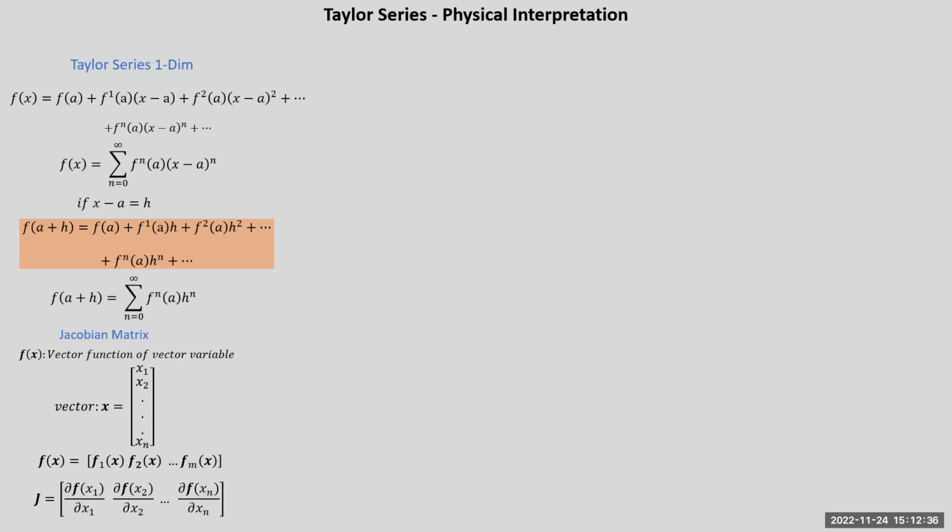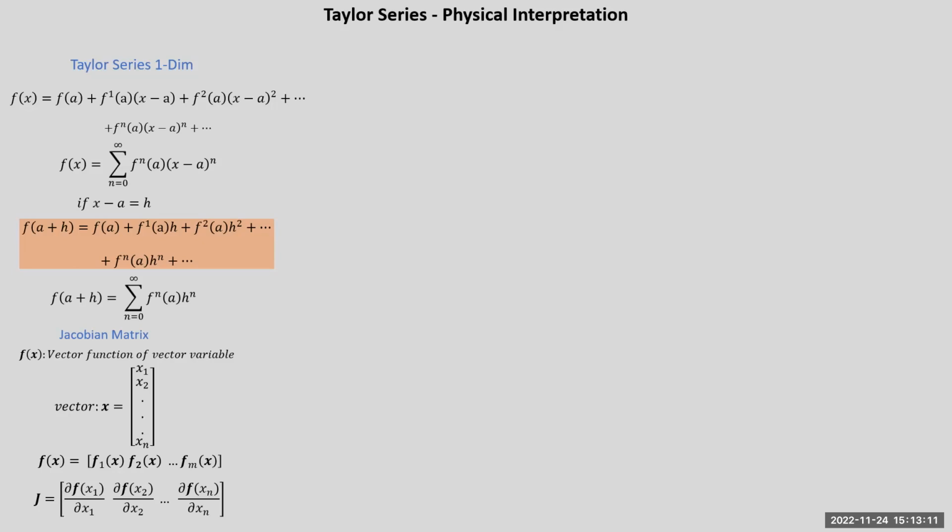So when the vector differential operator operates on a vector function with a vector variable, it can be expressed as a Jacobian matrix, given by a row vector as shown below: dabba f with respect to dabba x1, dabba f with respect to dabba x2, up to dabba f with respect to dabba xn.